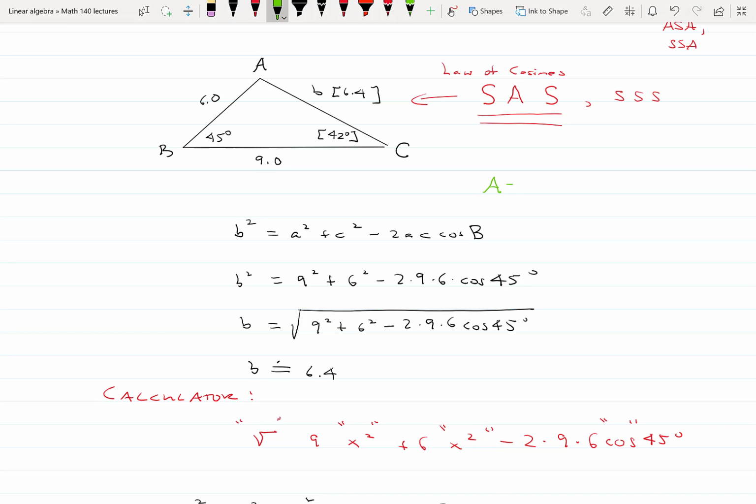Since the angles have to add up to 180 in every triangle, A is 180 minus 45 degrees, approximately minus 42 degrees. I say approximately because C was an approximation. So A is about 93 degrees. I'll keep it in green, why not? And we've solved the triangle.